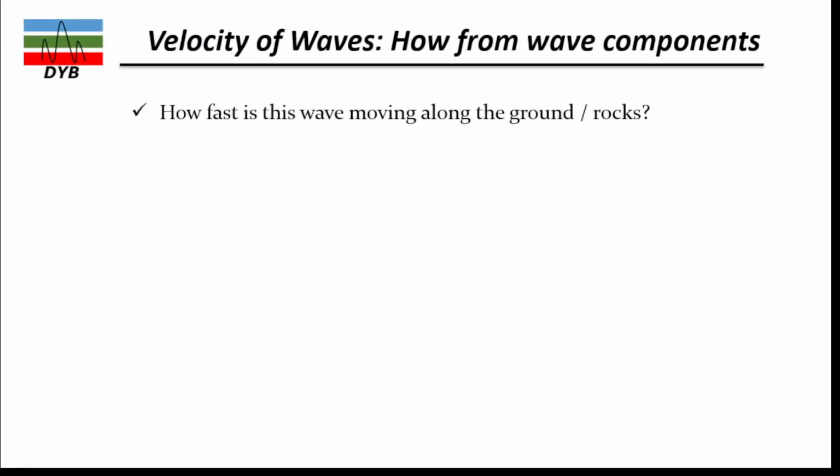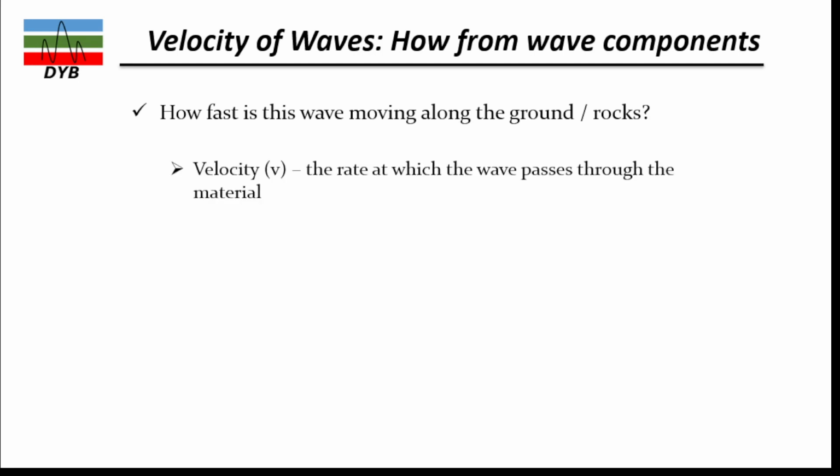So now the velocity of the waves, how do we get it from the wave components? We have components like frequency and wavelength. From there we can calculate the velocity. The velocity v is the rate of change through the materials. And we know velocity is equal to distance per time, which is meter per second or kilometer per hour.